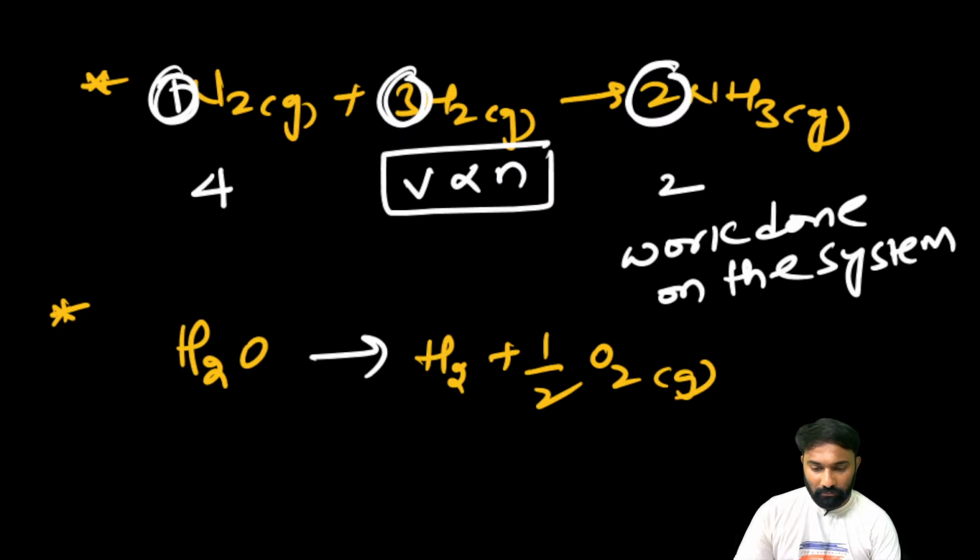It will give you work done by the system. Clear? The number of moles is increasing, right? If the number of moles is increasing, it is work done by the system. If the number of moles is decreasing, it is work done on the system.